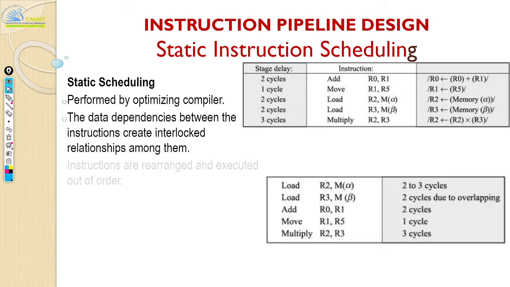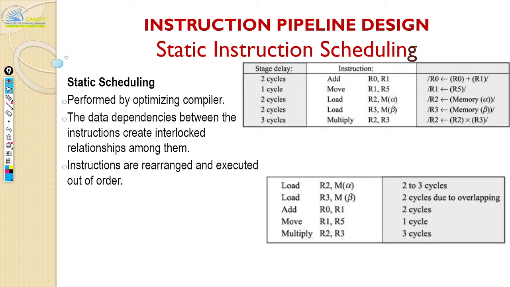Okay, and you also note down the independent instructions, correct? So based on that you can rearrange these instructions and execute them out of order, or you can reorder the instructions and execute. So remember, we actually did one example in the previous class, and we saved some cycles by reordering instructions, right?